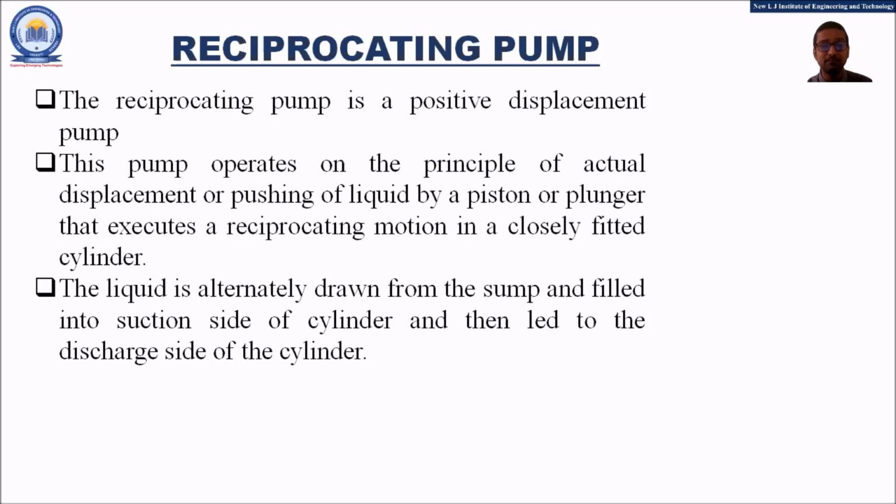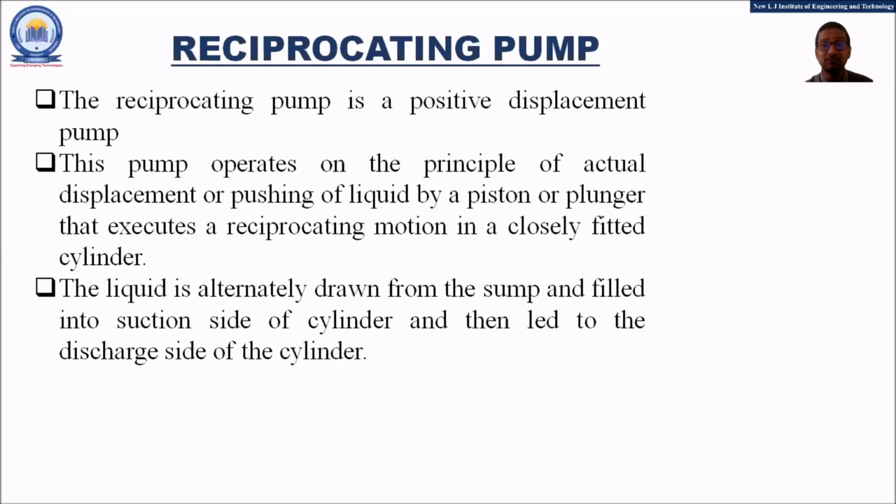So reciprocating pump is a type of the positive displacement pump. This pump operates on the principle of the actual displacement or the pushing of the liquid by the mechanical element that can be a piston or a plunger, and these mechanical elements execute the reciprocating motion in a closely fitted cylinder.